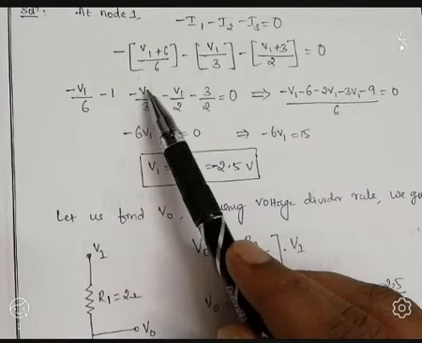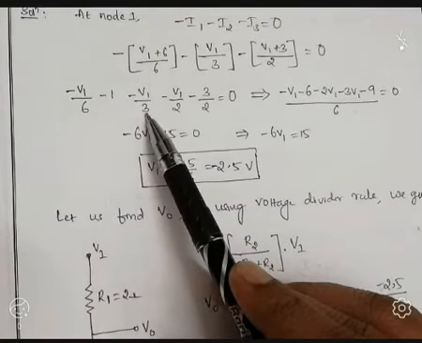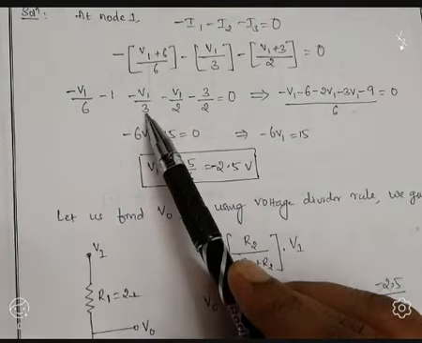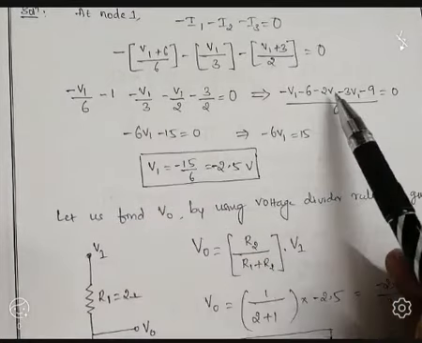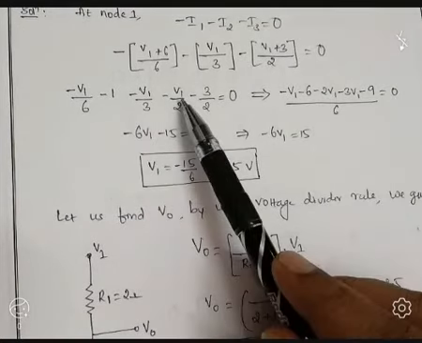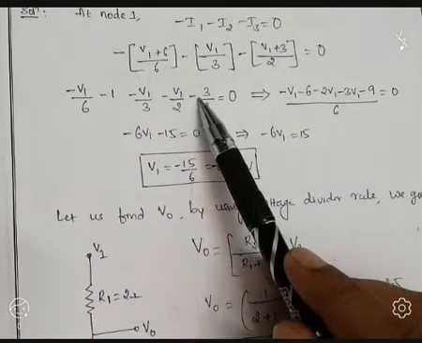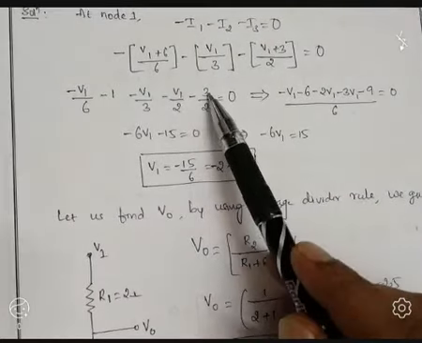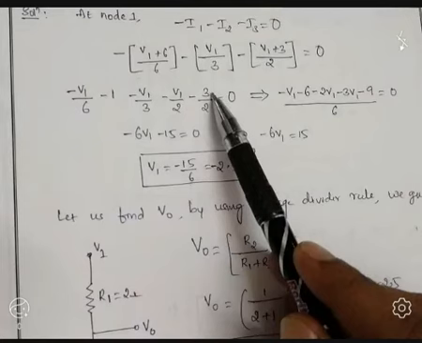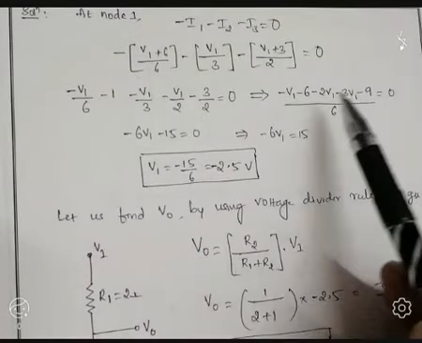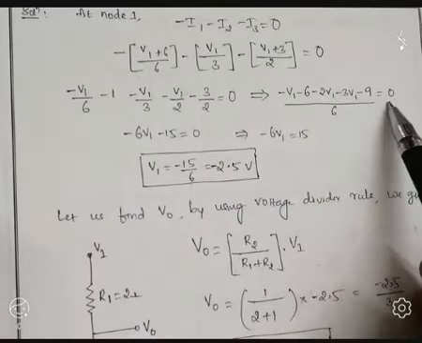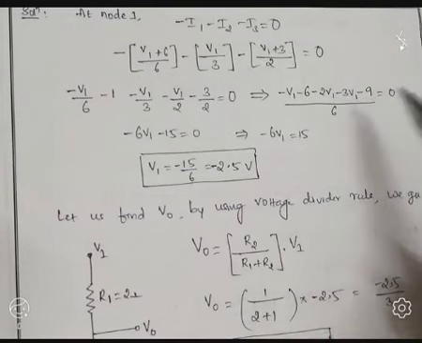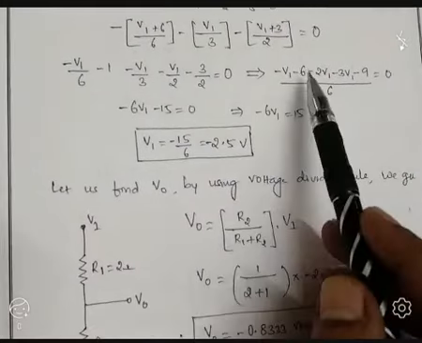Minus V1, denominator 3 is there. To get 6, 3 into 2 is 6, hence multiplied by 2 here. Minus 2 V1. Next minus 3 as it is. To get 6, 2 into 3 is 6, hence 3 multiplied by 3, hence minus 9 is equal to 0. If you take 6 towards the right side of the equal sign, 0 into 6 becomes 0. Hence the numerator is simplified.